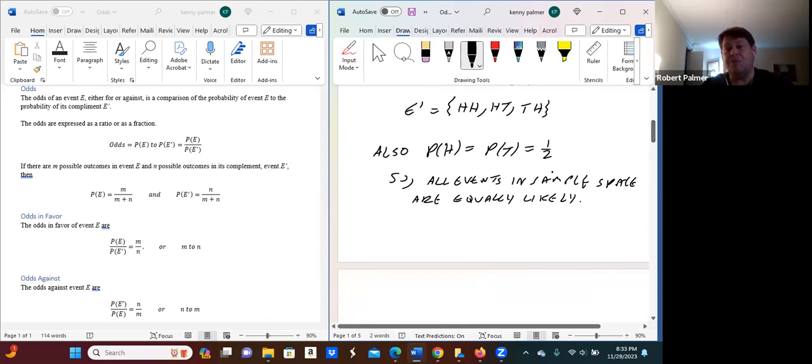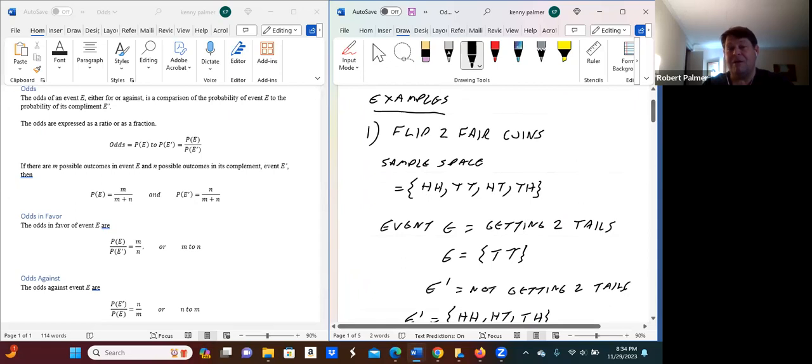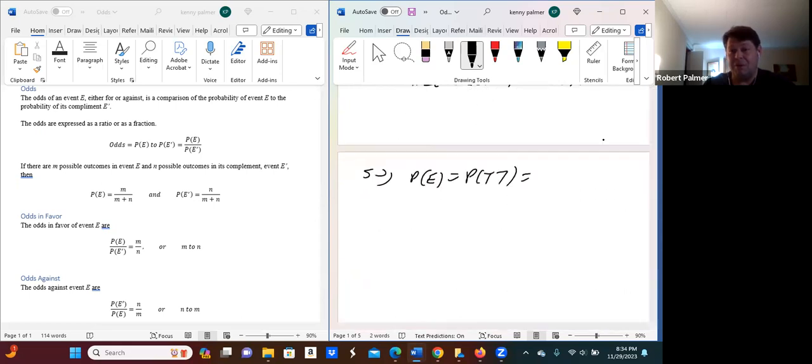Okay, so let's think about what that implies. The probability of event E, getting a tail, then a tail. Go back to our sample space. We have four possible outcomes in our sample space. If each one is equally likely, then the probability of getting a tail and then a tail is 1/4.